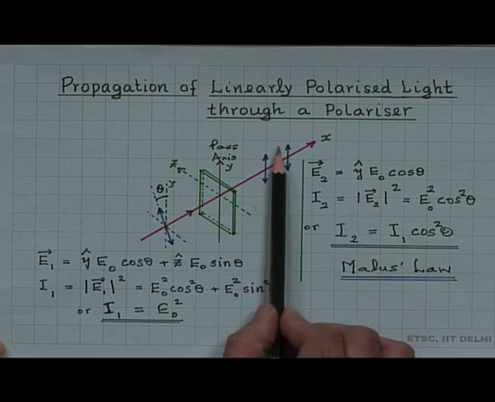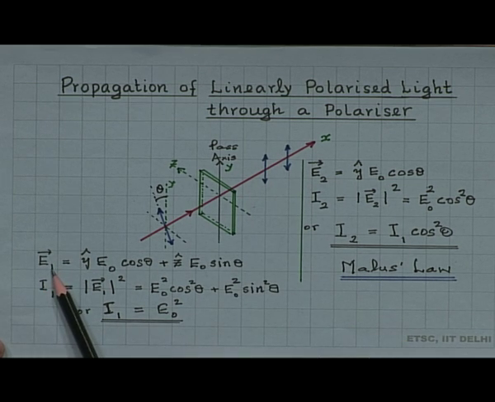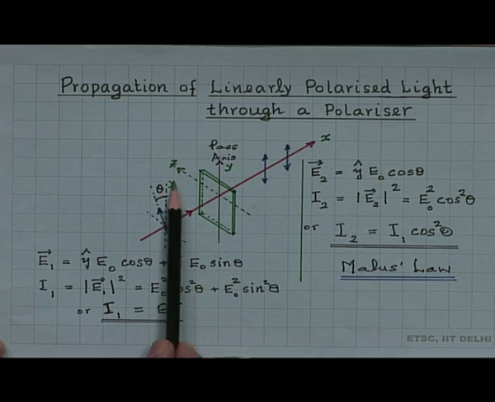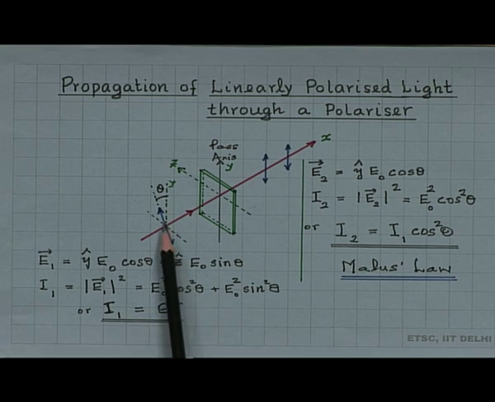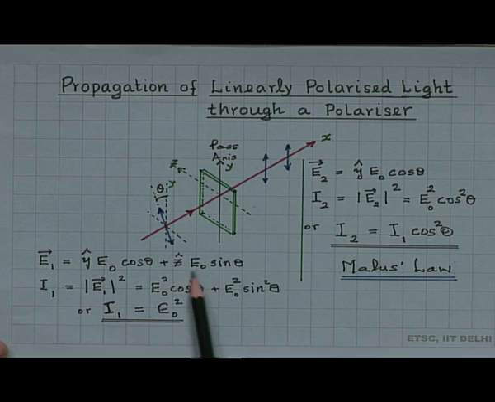So, the electric field here, E 1, is y cap E 0 cos theta plus z cap E 0 sin theta. I discussed this just now, that the component along y is E 0 cos theta and the component along z is E 0 sin theta.